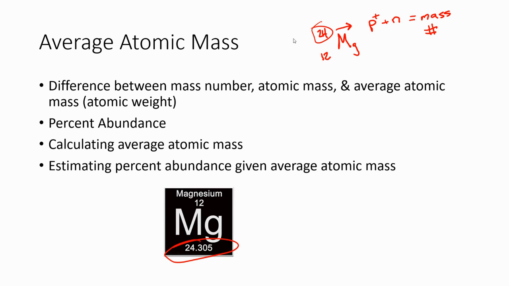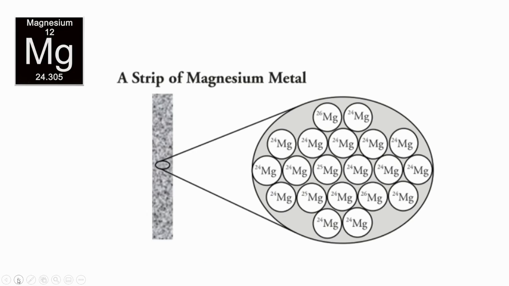Let's take a look. If you go to the next slide, what you're going to see is a sample of magnesium metal that we're trying to zoom in on and take a look at some of the atoms within that particular sample. And what you're going to notice is that there are actually three different isotopes present for magnesium.